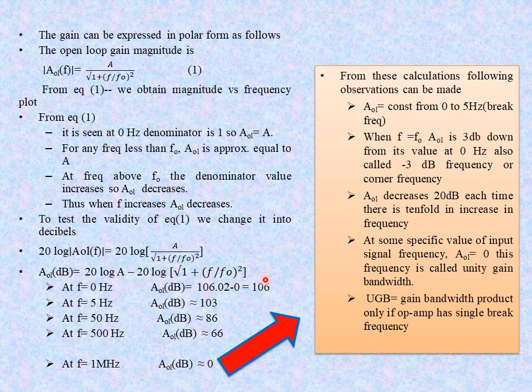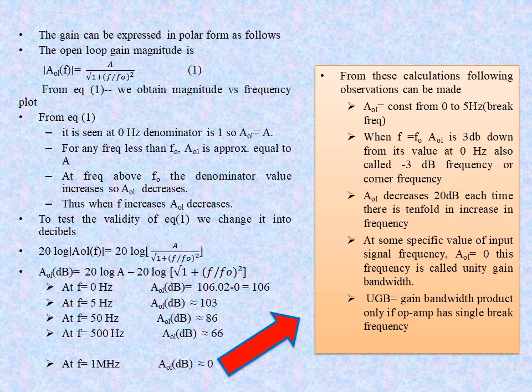After that, it is observed that with every change of 10 folds in frequency, the decrease in AOL is by 20 decibels. At some specific value of input signal frequency AOL becomes 0, and this frequency is called unity gain bandwidth.